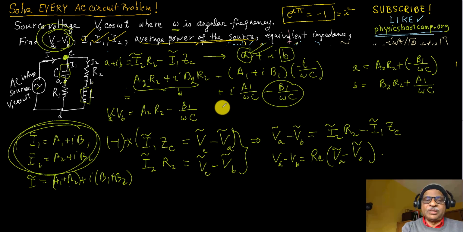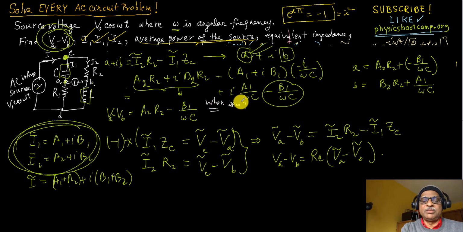And so sometimes people ask, when would the difference be 0? So if I were to attach a voltmeter across this and try to measure the voltage, when will it be 0?